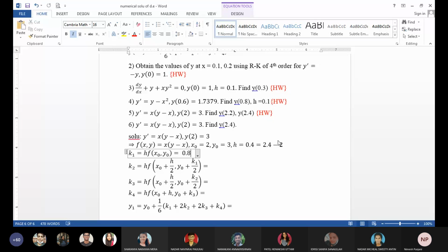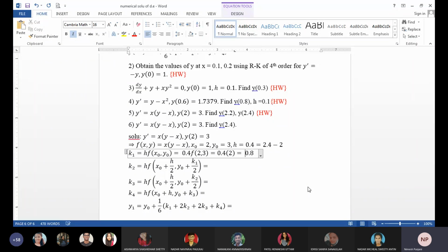सर 0.8 कैसे आया? h into f of x0, y0. h कितना है अपना? 0.4 है, right? Multiplied by f of 2, 3. So it is 0.4 multiplied by f of 2, 3. x का value 2 and y का value 3. तो 2 मिलेगा.